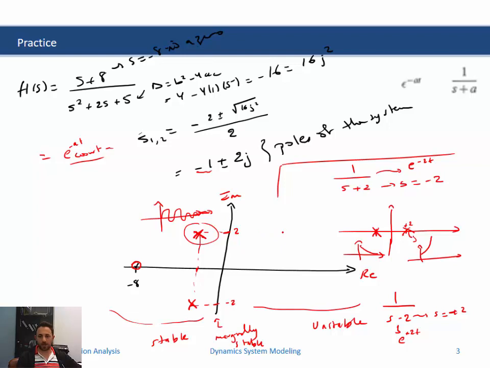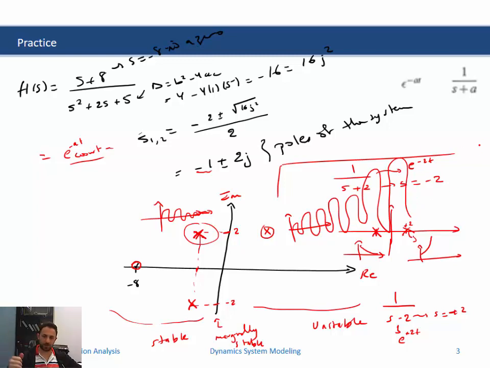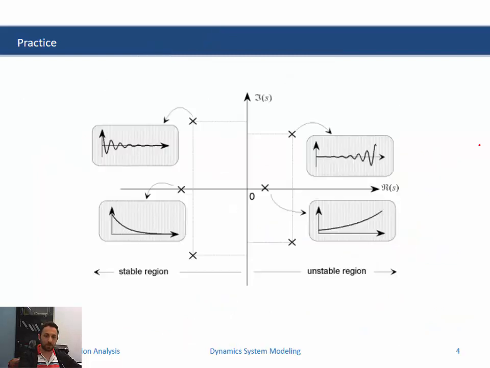If we have a complex pole to the right of the complex plane, like in this scenario, then there will be some oscillations, but those oscillations start to increase until they diverge into something where we don't know how the system will behave. So in summary, we have the imaginary part and the real part.